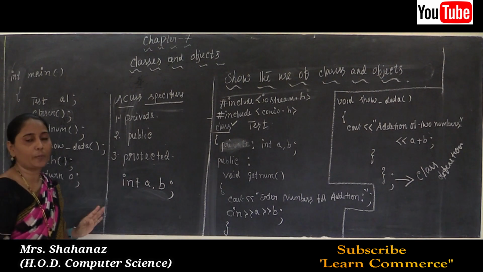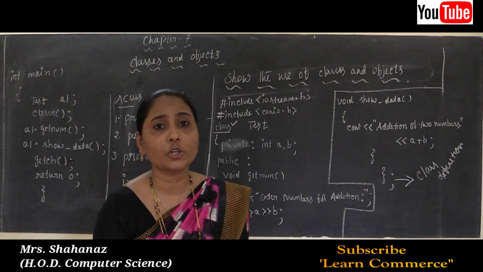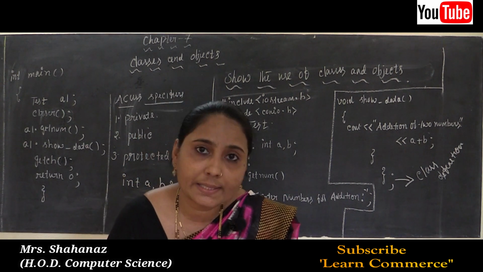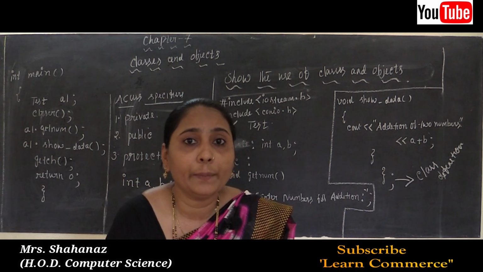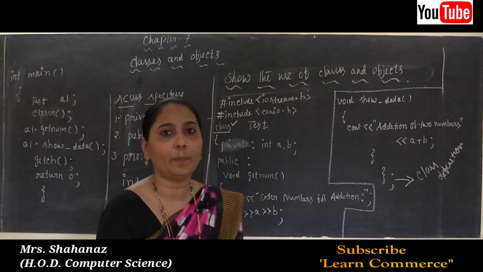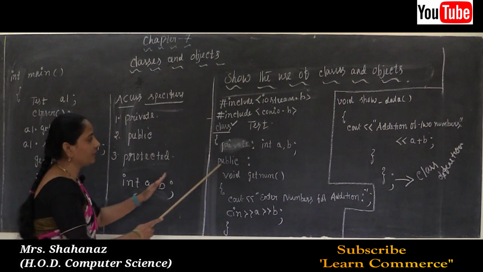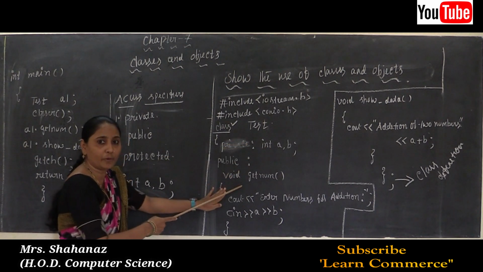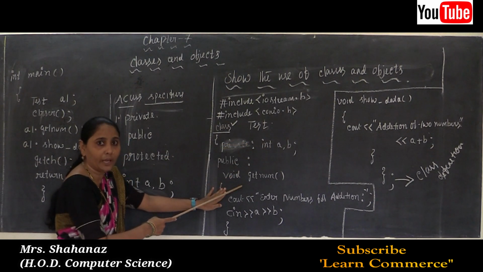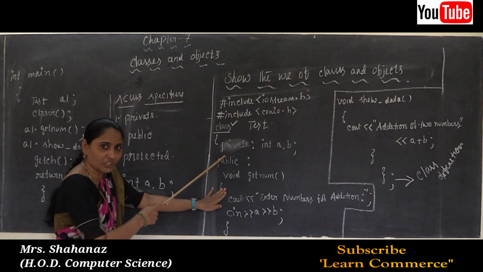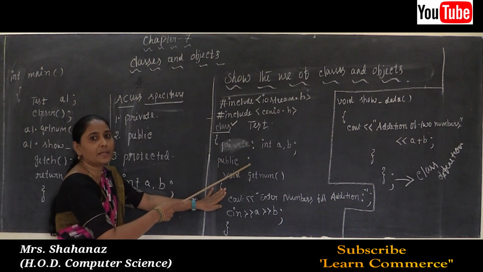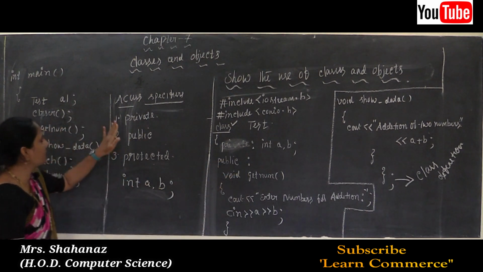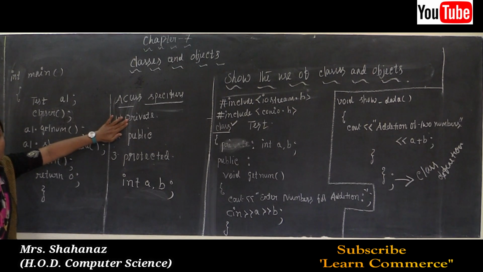So the private access means that the member data can be accessed only by the member functions of that class. If no access specifier is mentioned, then by default the members are private. So this is about our private access specifier.